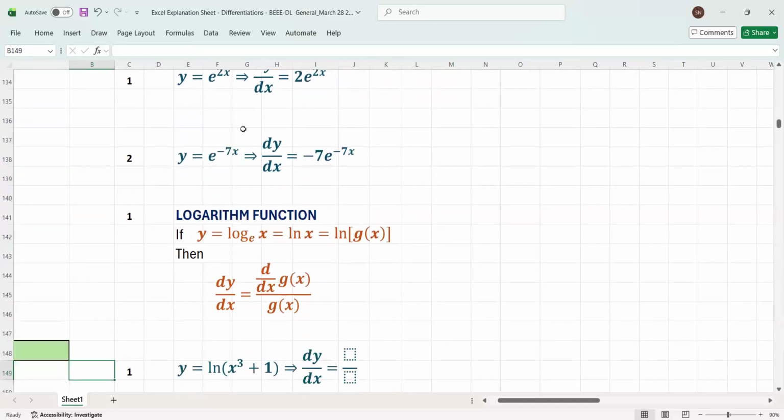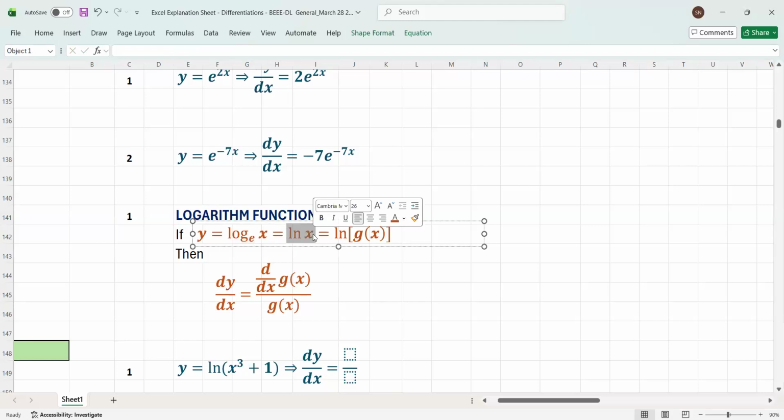But if you are given a logarithm function, by the way, here we are talking about log to base e. Normally we call it the natural log. On your calculator, it's written as ln, natural log. So if y is given as log x to base e, then it's written as ln x, or natural log of x.